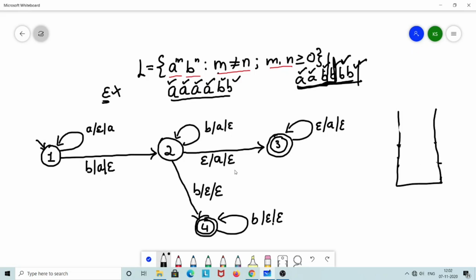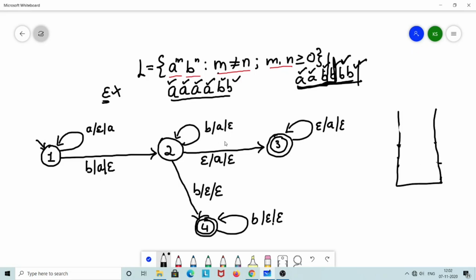But this problem has a high degree of non-determinism, because if you observe, from state 2 you can make a transition to state 3 by not reading anything, that is, an epsilon transition, and for B you can remain in state 2, and in one scenario you're going to state 4, right? So this adds a lot of non-determinism to our solution.